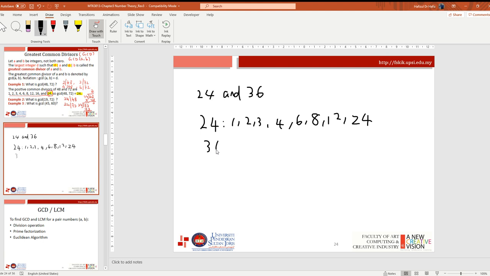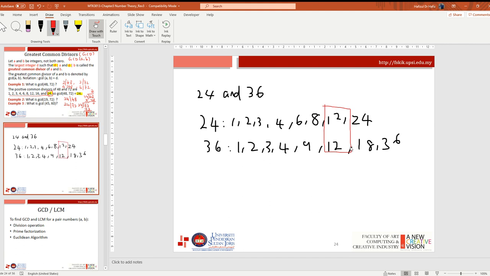And for 36, we get 1, 2, 3, 4, 9, 12, 18, and 36. We can see that the greatest common divisor for both 24 and 36 is 12. This one is by listing.